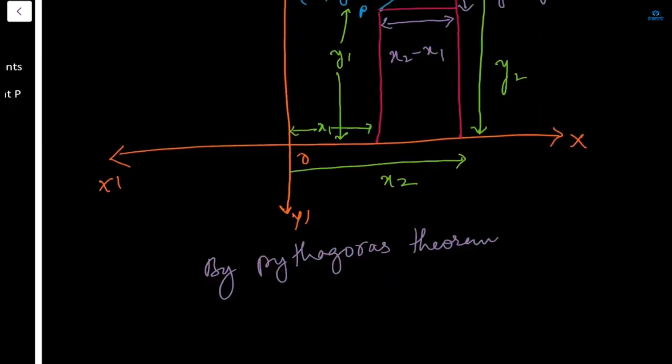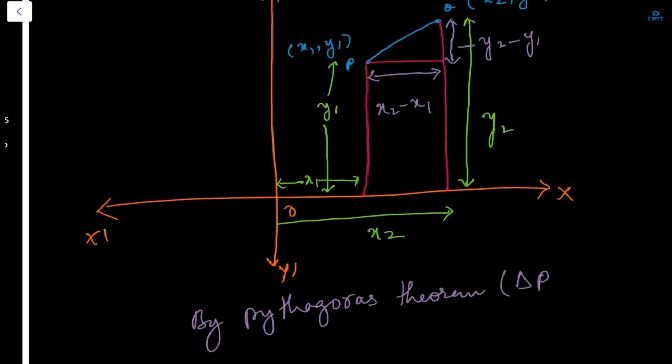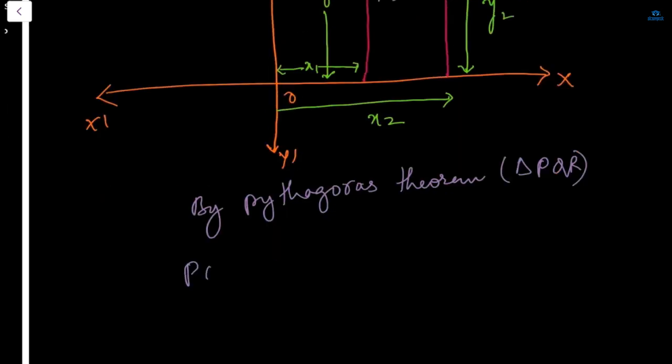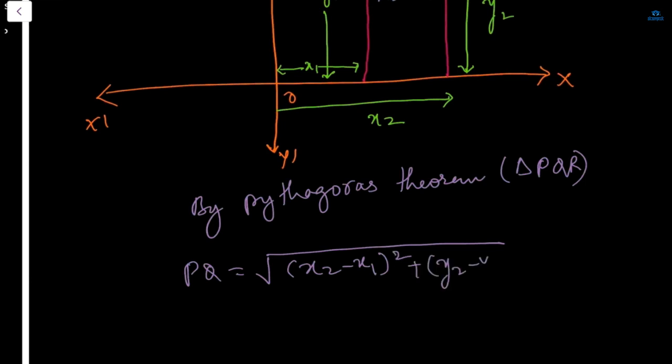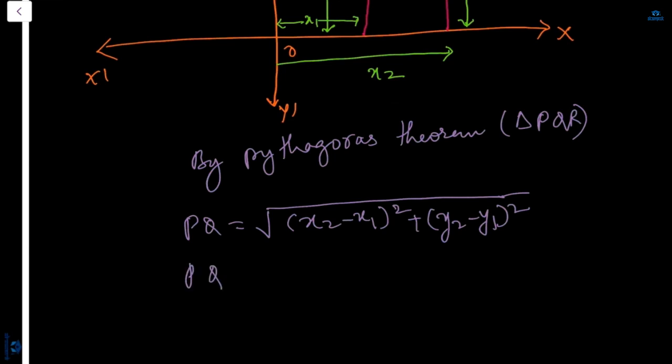In the triangle, where I will mention R, PQR, according to the Pythagoras theorem, PQ is the hypotenuse. So PQ will be the root of x2 minus x1 whole square plus y2 minus y1 whole square. In fact, you can write it as x1 minus x2 whole square plus y1 minus y2 whole square.